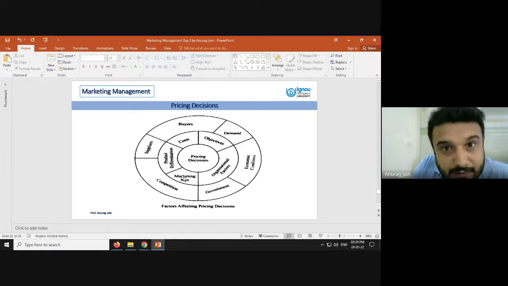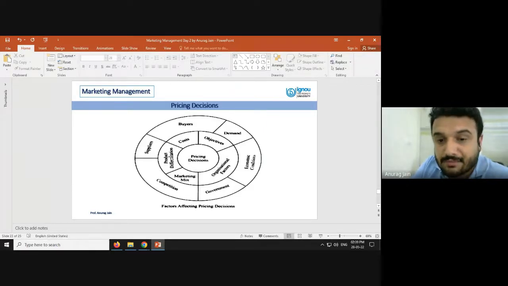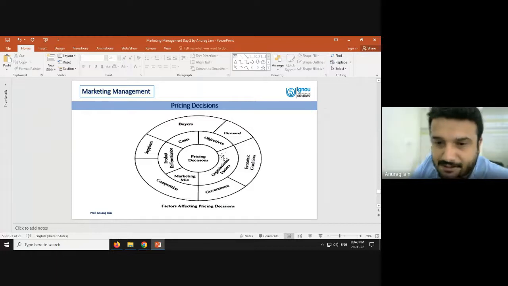What kind of marketing mix you are using, how much stress you are giving on promotion, place, product, and price. Product differentiation which you are doing. Are you doing some customization? It is going to impact your price. How much cost you are incurring? What are your objectives? Some other organizational factors are going to impact your pricing decision, and these are very much internal to the organization. That is the reason these are known as internal factors.